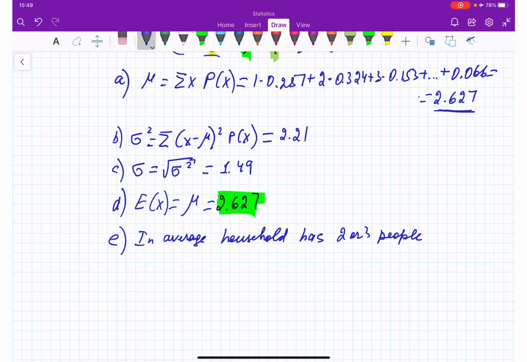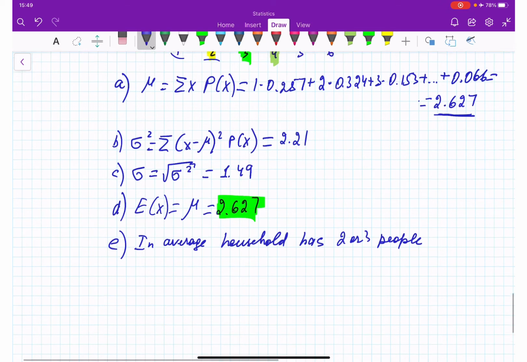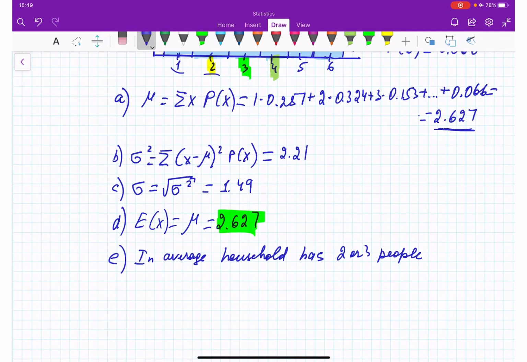And the other thing is, most household sizes differ from the expected value by 1 or 2 people. How do we know? Standard deviation is 1.5, so 1 or 2.